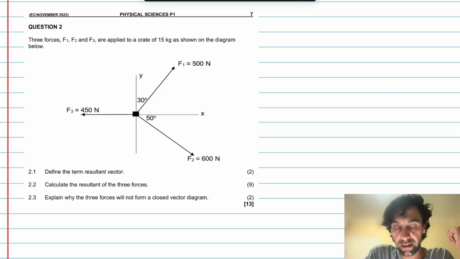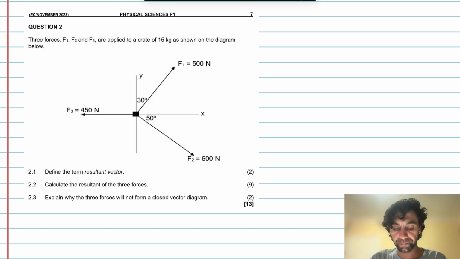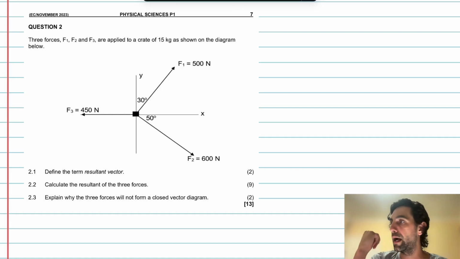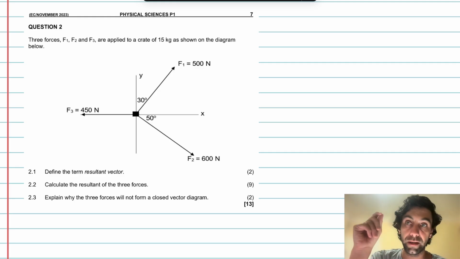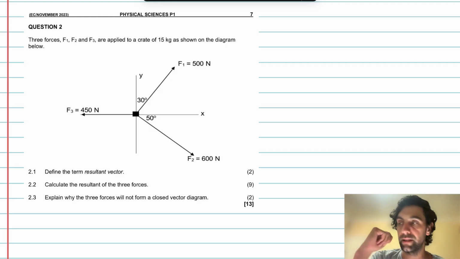We also see that there are 3 vectors acting on this crate instead of 2, like the previous question. So the first question says, define the term resultant vector. Now the resultant vector is basically just the sum of 2 or more vectors. Just make sure that you're using the right definition from your government guidelines.